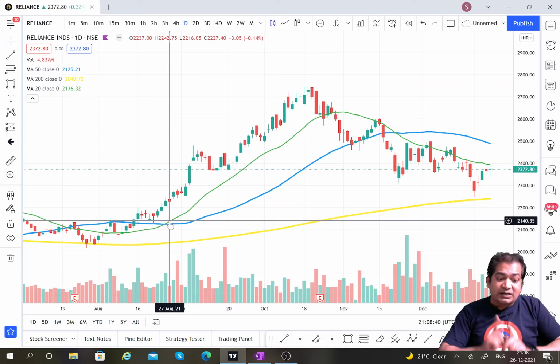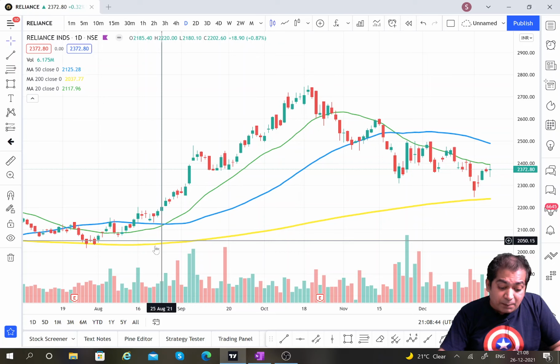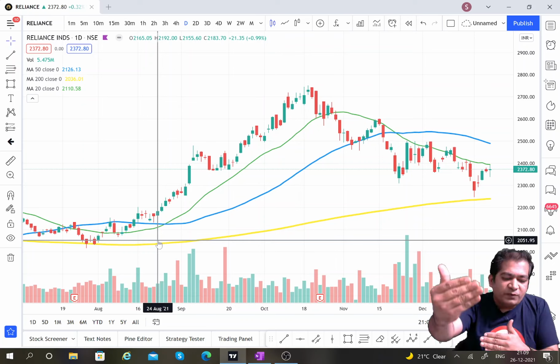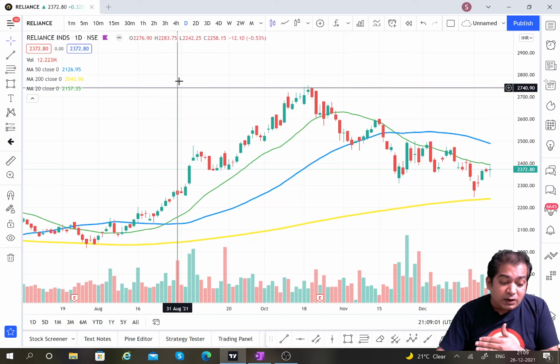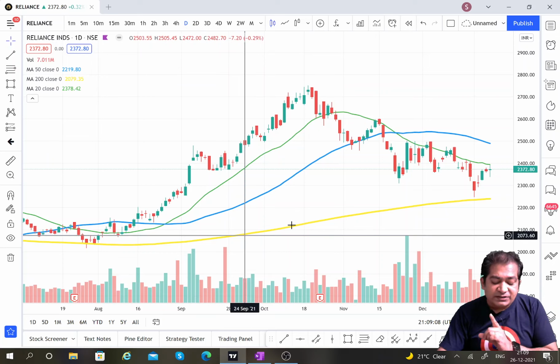I know that the price on a daily chart is trading above the 200 period moving average, so I should be taking a long position. But where should I take the long position? The simplest way is to search for a stock where the price is above the 200 moving average on a daily chart. Remember, look at the daily chart. Above on a daily chart means the trend is up.